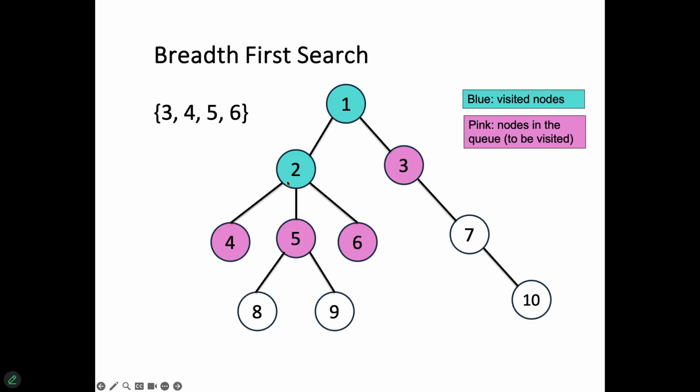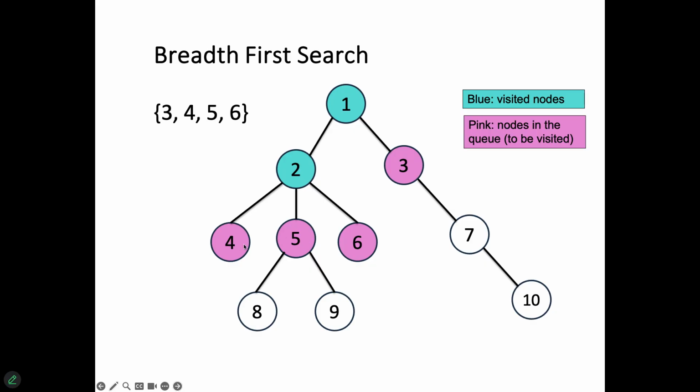We only mark a node as visited if we explored it completely. That means we already added all of its children to the queue, right? So now that I added 4, 5, 6 to the queue, it means I explored 2 completely, and now I can pop 2 out of the queue. Now my queue contains all the nodes in my frontier, which are 3, 6, 5, and 4.